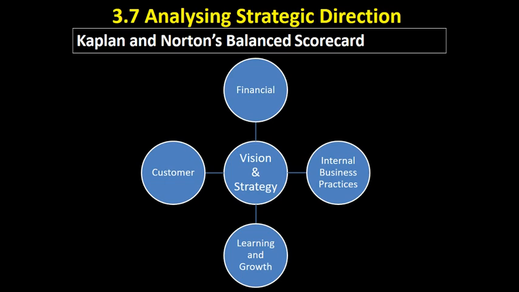So this is what the balanced scorecard looks like, a very simple picture. In the middle, we've got the business's vision and strategy, and then a range of different areas in which we can judge a business's performance in terms of financial performance, like return on capital employed, profitability, internal business practices, so how effective the business is at, say, meeting customer orders on time, labour productivity, chasing up debts, the receivables, the payables days.